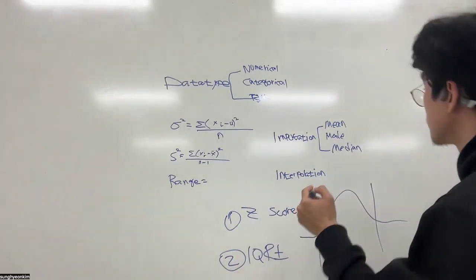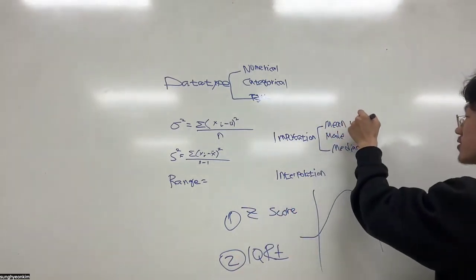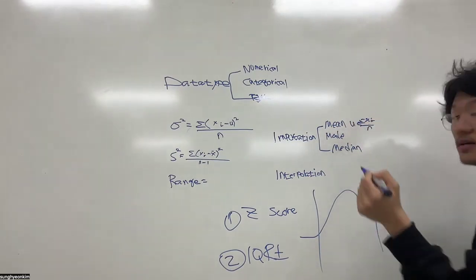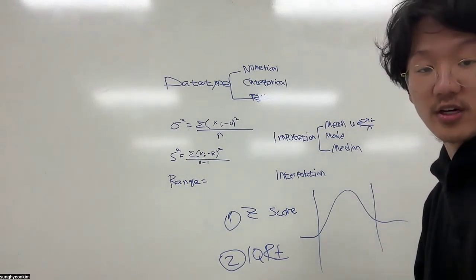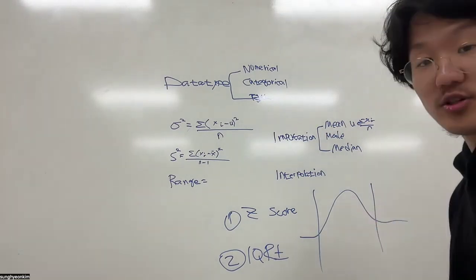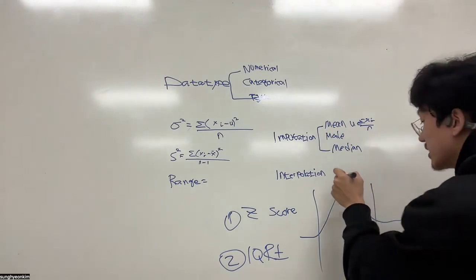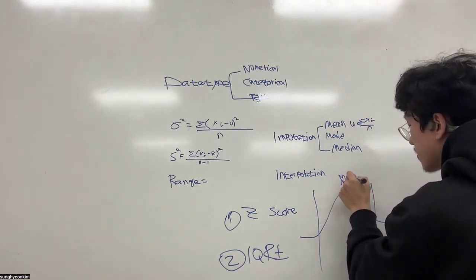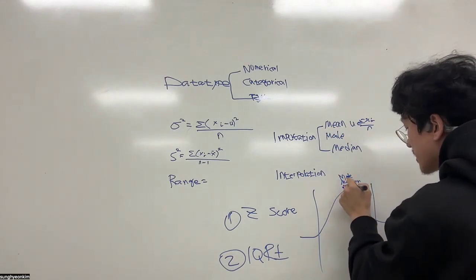For mean, you can easily find it as mu equals sigma xi over n. And mode is the frequent value. For a normal distribution, mode, median, and mean are equal.